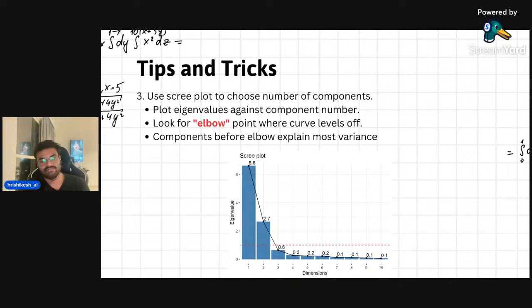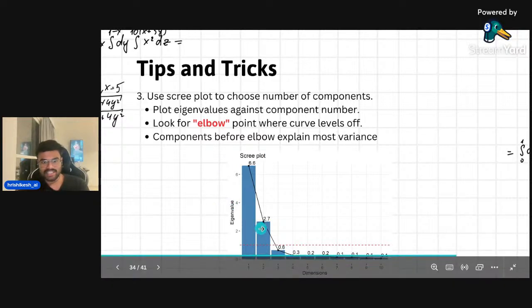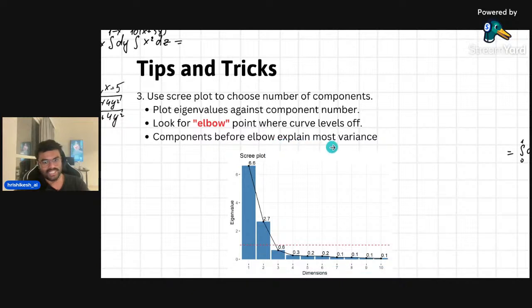Taking 3 is good, but taking 2 would be better. It's important that the components before the elbow explain most of the variance.